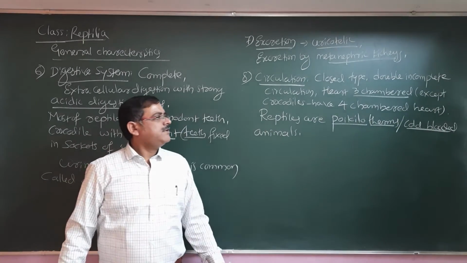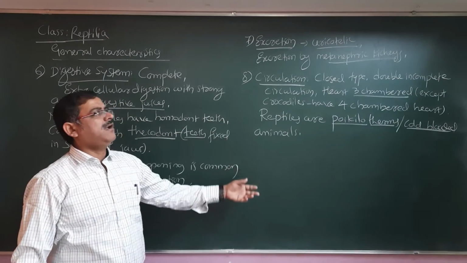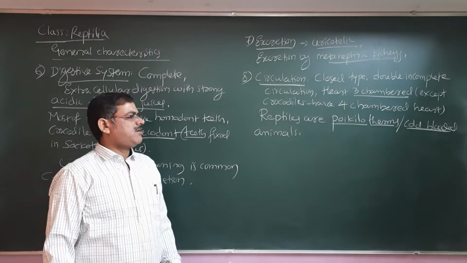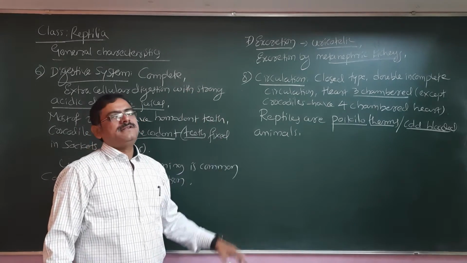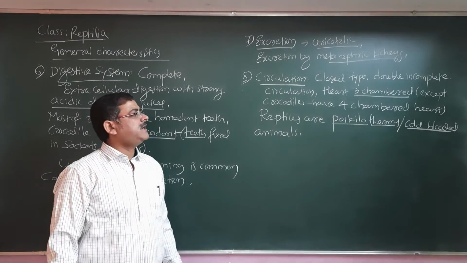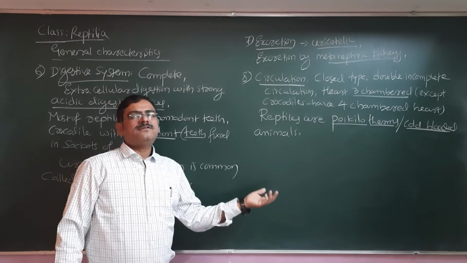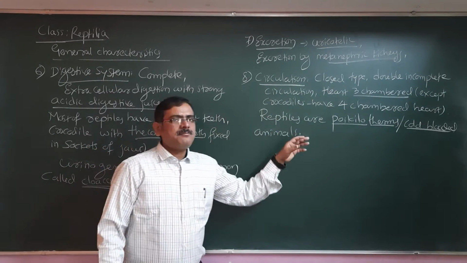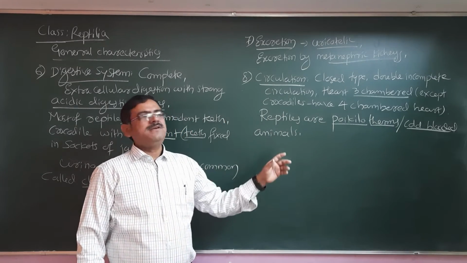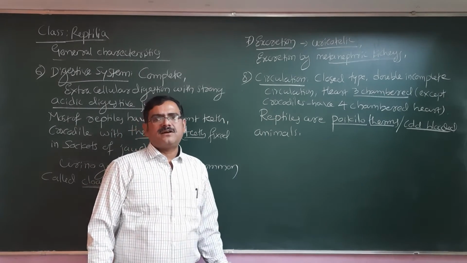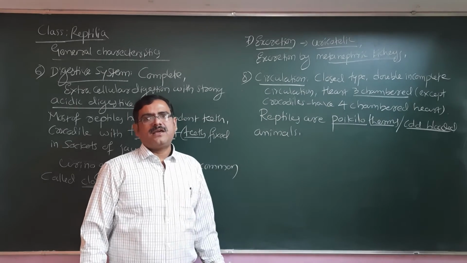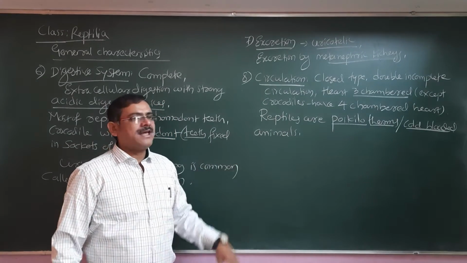They have a 3-chambered heart. The circulation is double but incomplete, because oxygenated and deoxygenated blood mix in the ventricle. However, there is an incomplete or partial septum in the ventricle of crocodiles, which is why it looks like a 4-chambered heart.